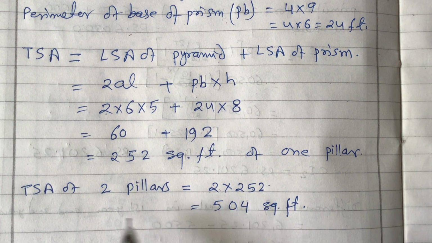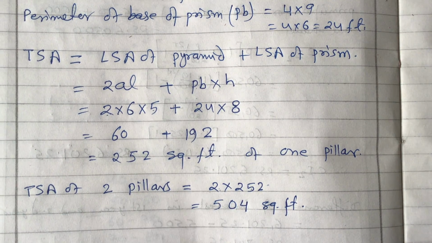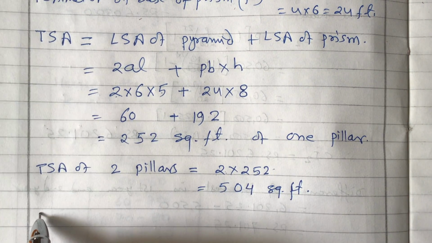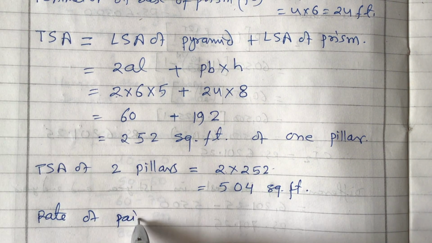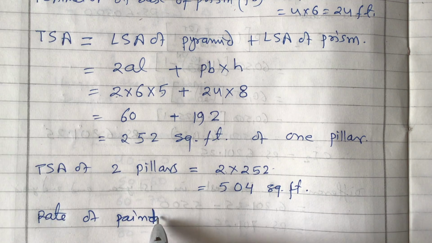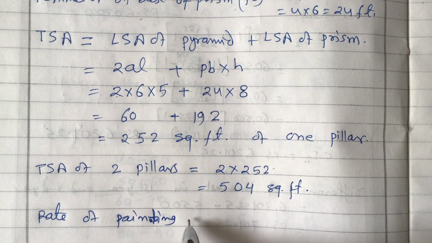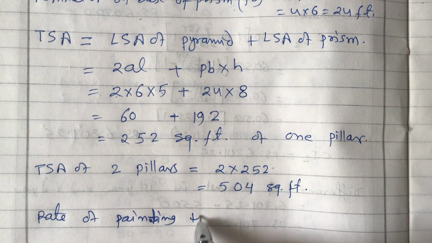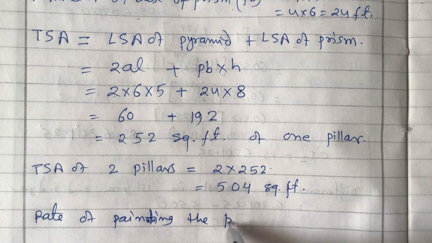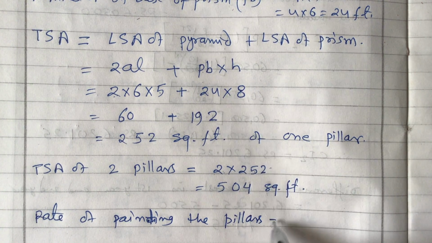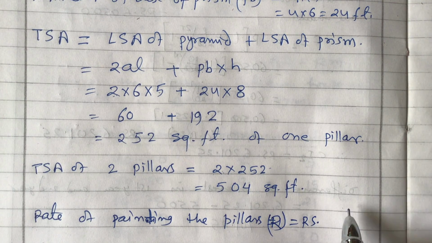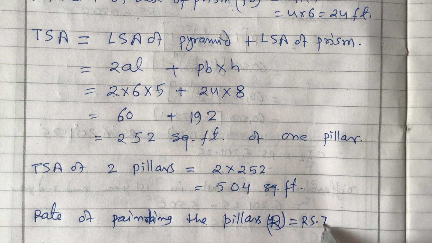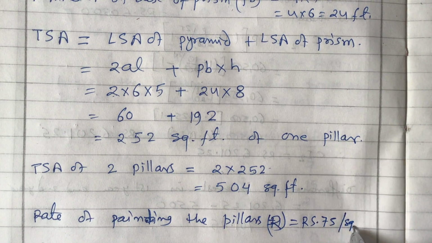So to paint both the pillars, the rate of painting is given. Rate of painting the pillars, denoted by R, is equal to rupees 75 per square feet.